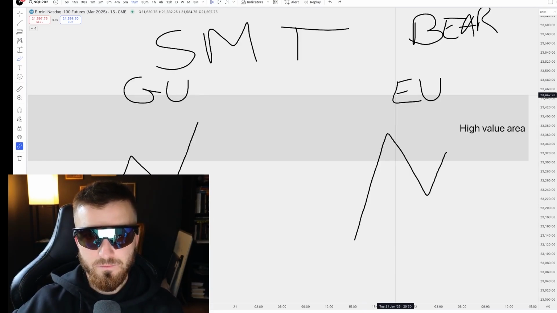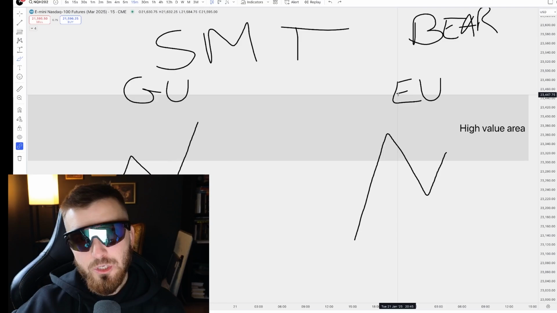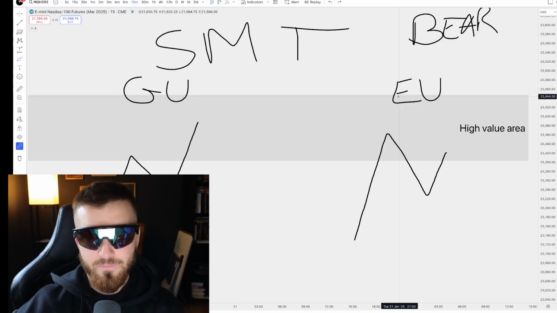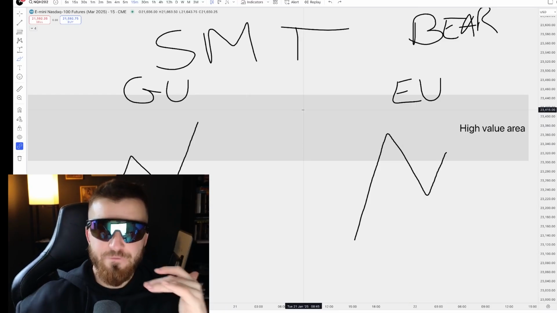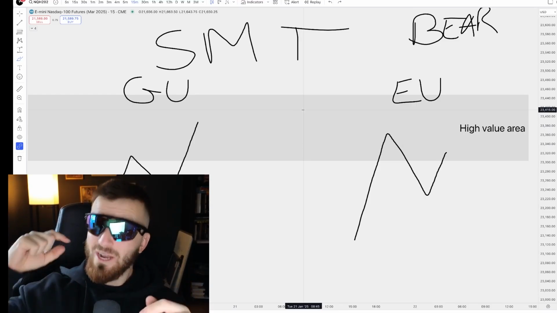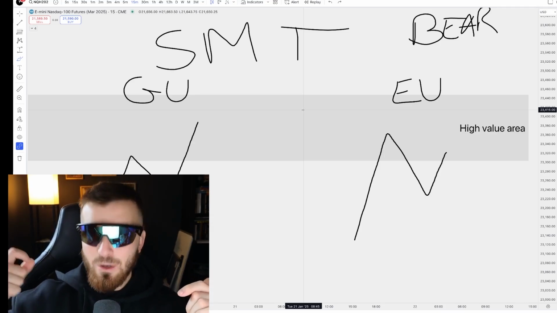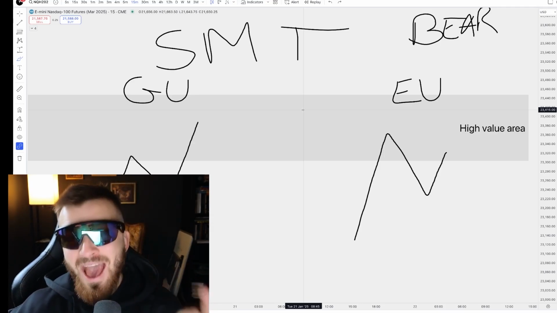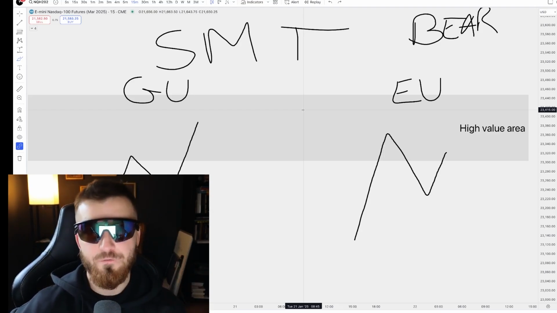It's the pair that wasn't even able to sweep the high. If a pair is not able to go with the other in forming higher highs and higher highs and higher highs, that means that when that pair starts dropping, it's going to drop like a rock. And that is the type of signature in price that you want to be looking for.